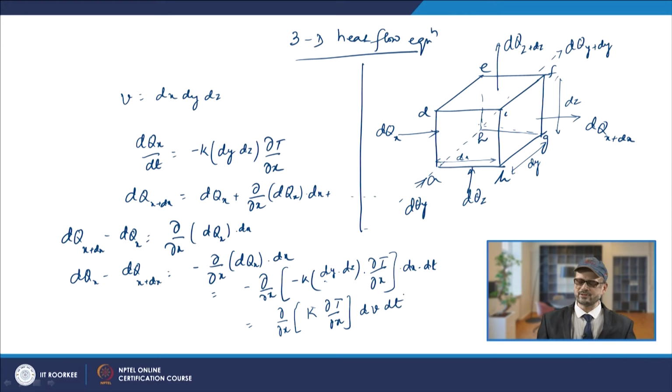Similarly, you can have the value for dqy minus dqy plus dy. Heat is flowing from here, and that way you can find the difference of rate of heat flow. According to this equation, you can have dou by dou y of k dou T by dou y dV dt. And similarly dqz minus dqz plus dz.